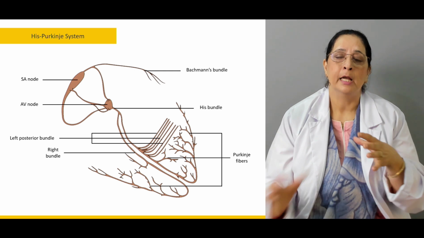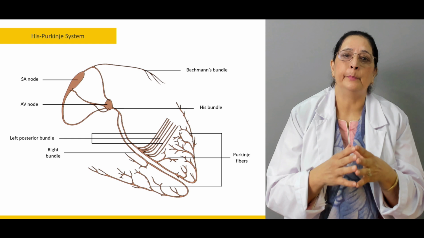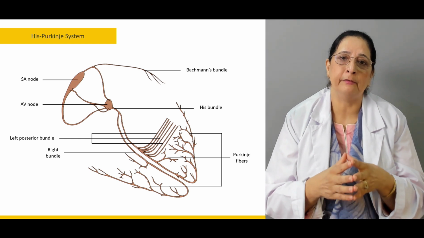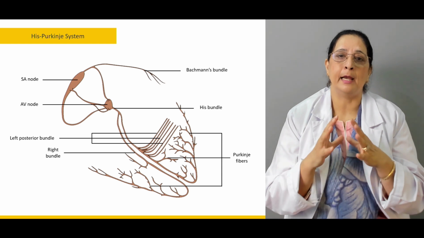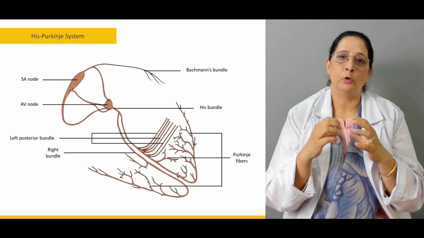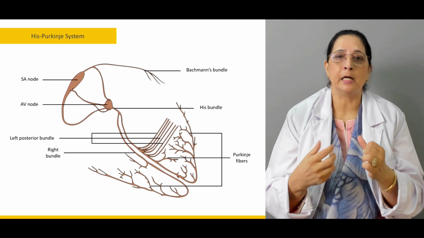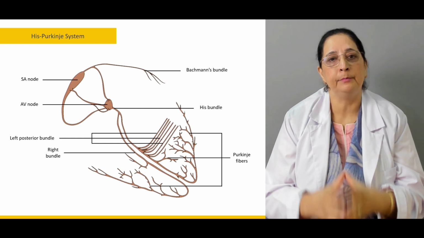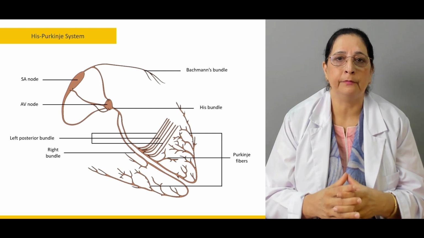Once the impulse reaches the Purkinje fibers, it spreads all over the myocardium and causes contraction of the heart at the same time. So the important mechanism is that the heart muscles contract at the same time once the impulse reaches the Purkinje fibers.